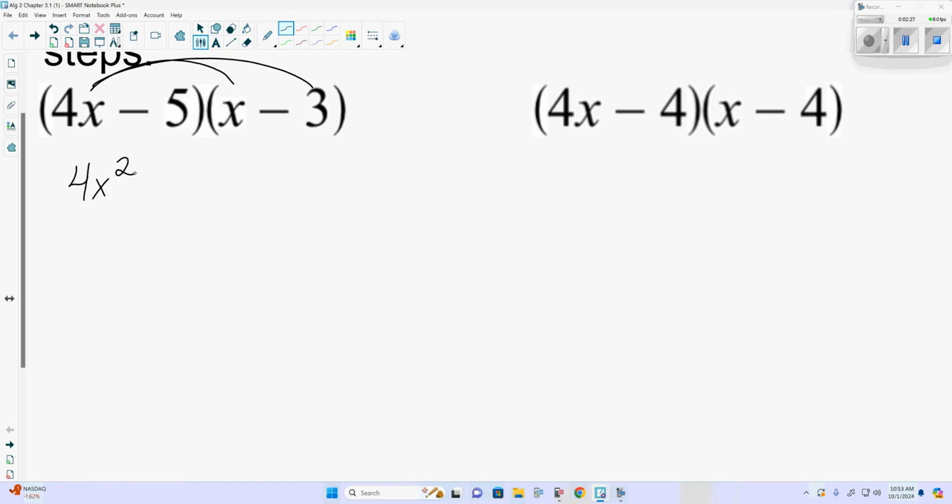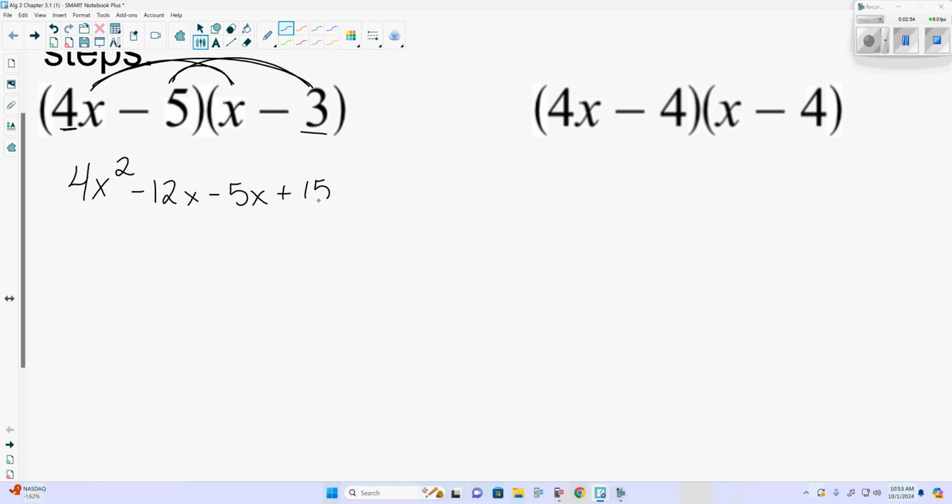The next thing we do is 4x times negative 3. 4 times negative 3 is negative 12, and we still have our x. 4x times negative 3 would be negative 12x. Our next step would be negative 5 times x, which would be negative 5x. And lastly, negative 5 times negative 3.